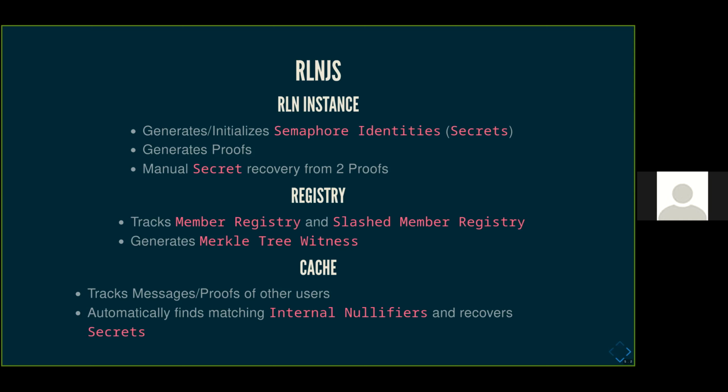It can generate the proofs for the messages. It does the secret recovery for you. It caches all the messages that are coming in, so it will automatically match internal nullifiers and recover secrets for you.